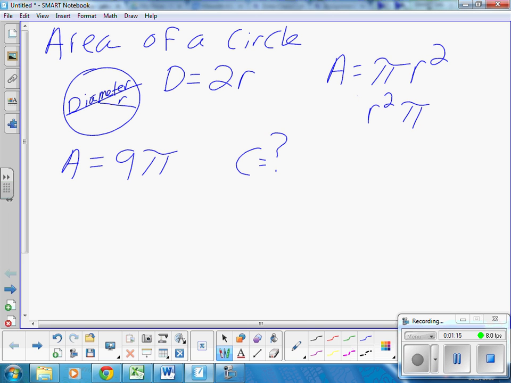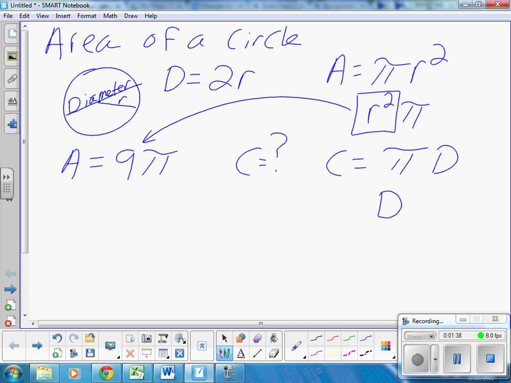This right here is, in this example, the 9. So some number squared is 9, and then the pi. Also, circumference is equal to pi d. With circumference, you need to know that, again, in con, they have the diameter first, then pi.